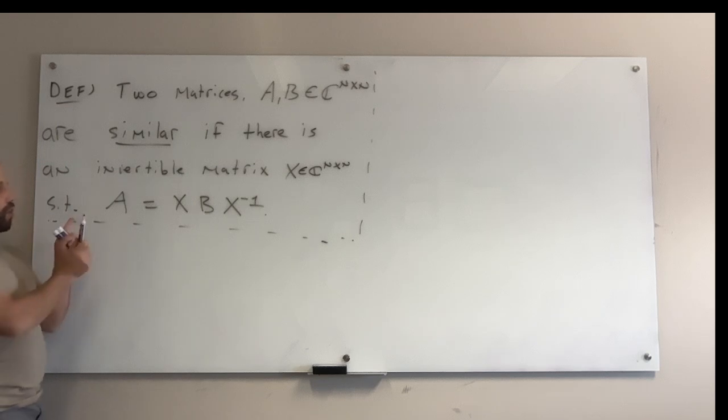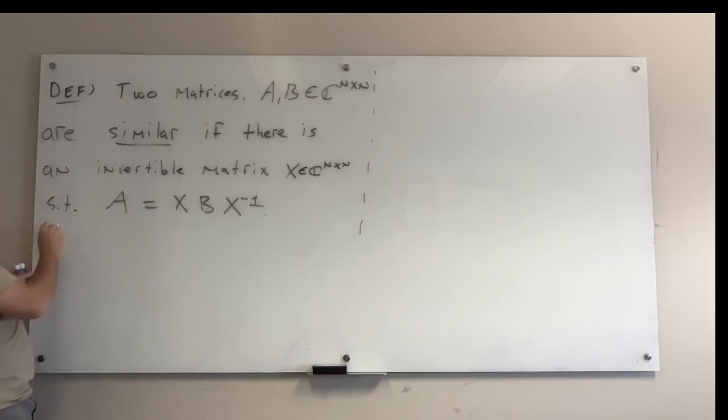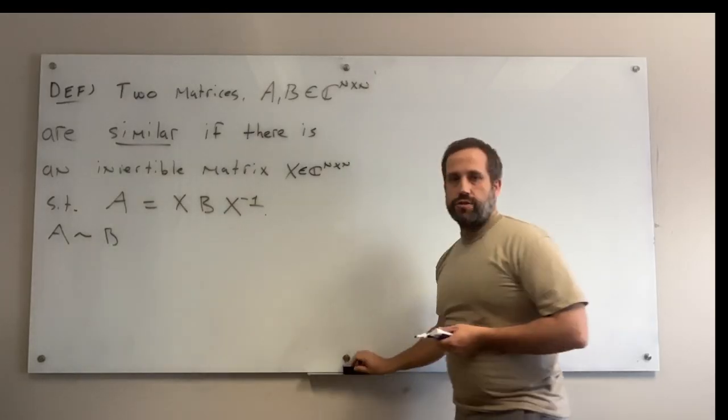Okay, so we're not saying that A and B are equal to each other, but this similarity is an equivalence relation, and when they are similar, we write something like this: A is equivalent to B. So they're not equal to each other, but similarity is an equivalence relation.